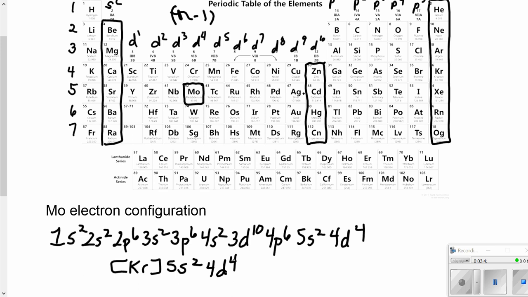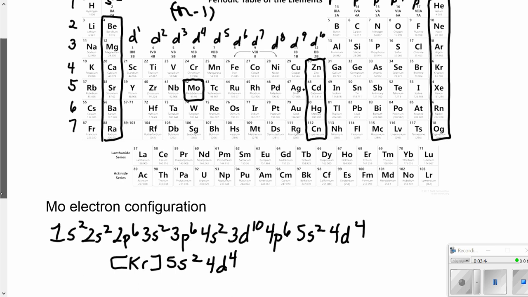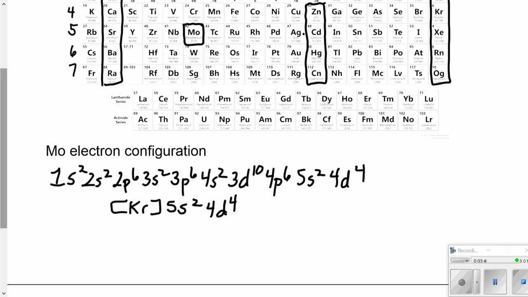The deal with molybdenum, though, is that it's a little exception to its electron configuration. What's going to help us see that exception is if we draw out the orbital filling diagram, which shows us the electrons. Usually we do this vertically, but just to save space, I'm going to do it in a linear fashion. So I'm going to put 5s, and I'm just going to draw one line to represent that s orbital because there's only one.